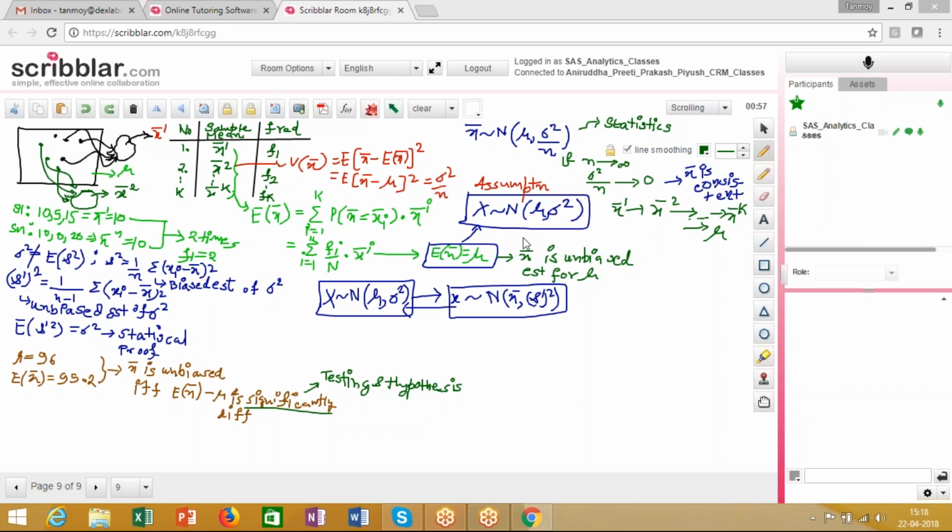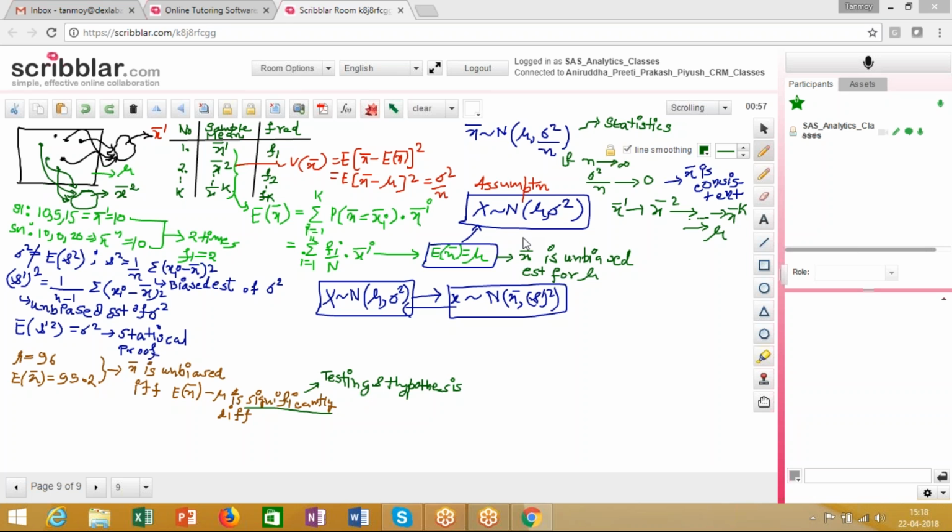If I just make that statement, then someone may come back and tell me, why are you saying this? This is not always true. So how do I get along with that? This is the part where we need to talk about testing of hypothesis.